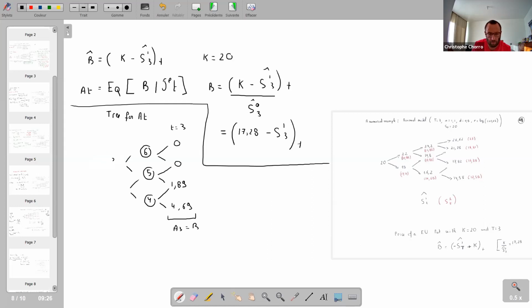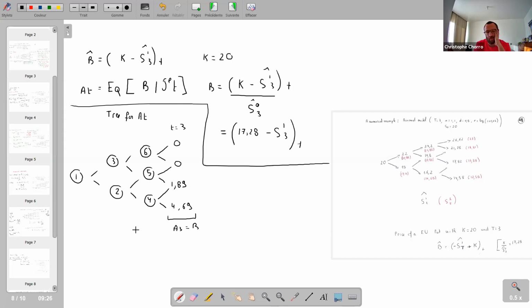I use the same notation as in the lecture notes, to avoid confusion. This one and this one. So I will have A₂ at time t equal to 2, A₁ at time t equal to 1, and A₀ at time t equal to 0.